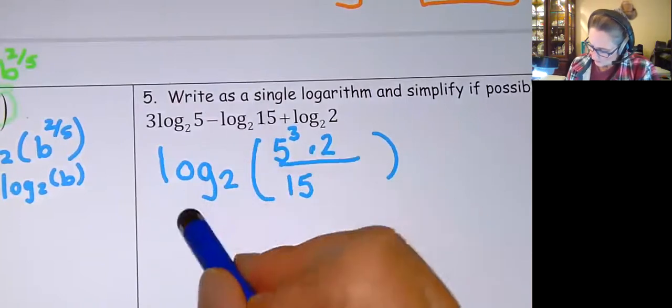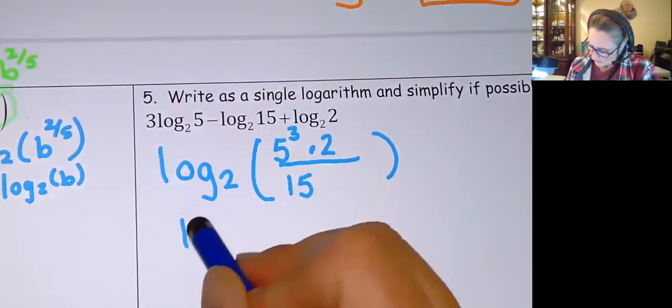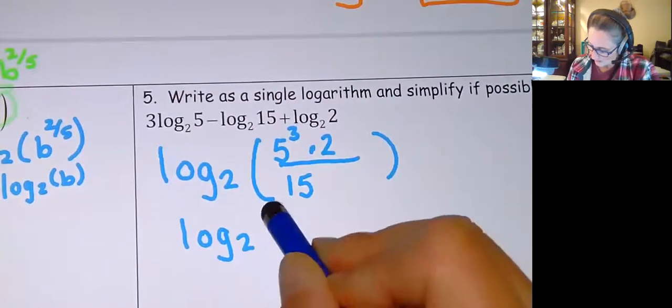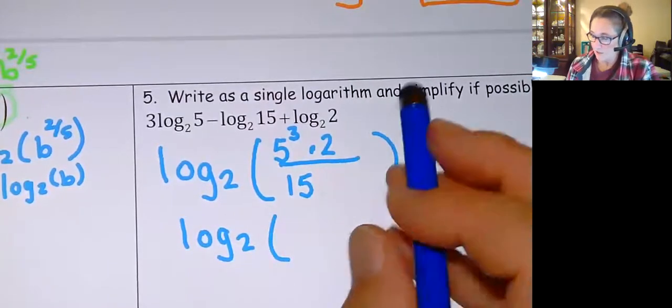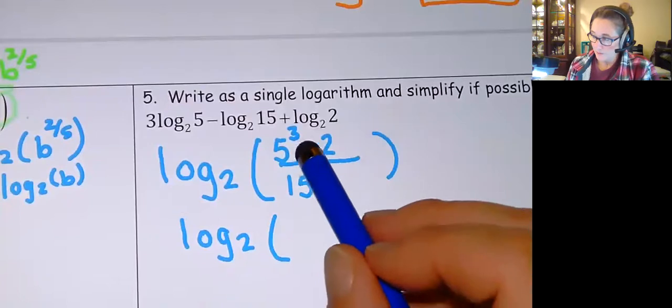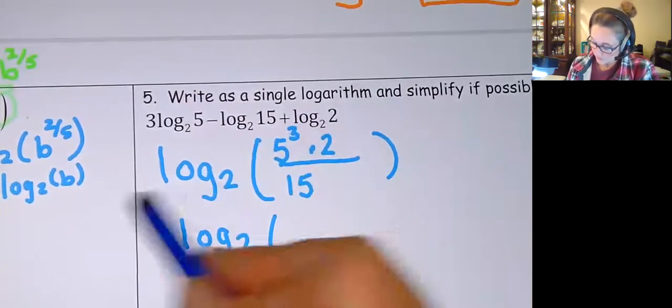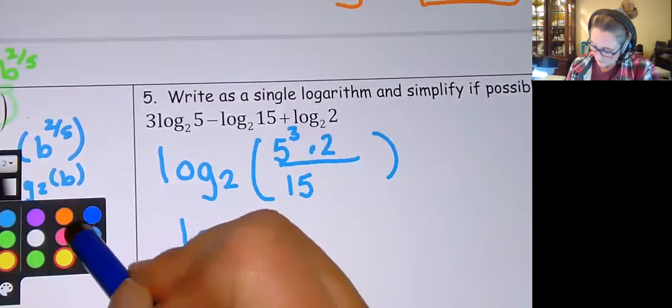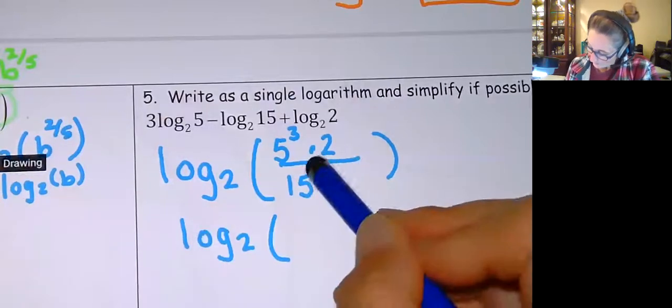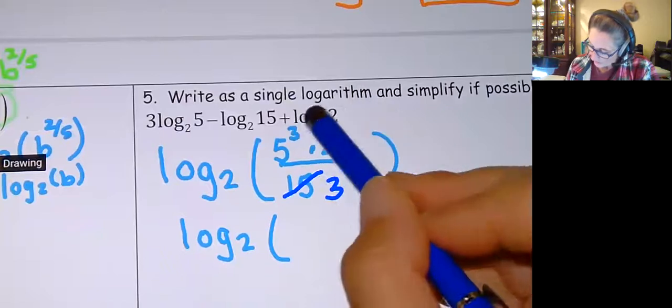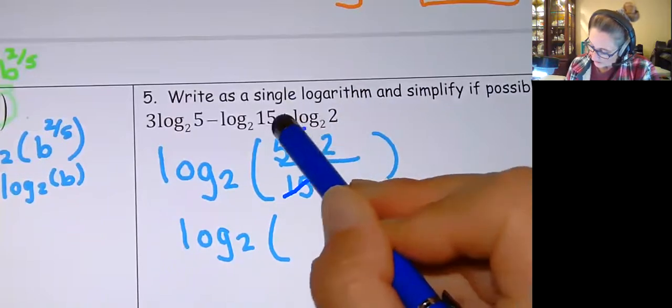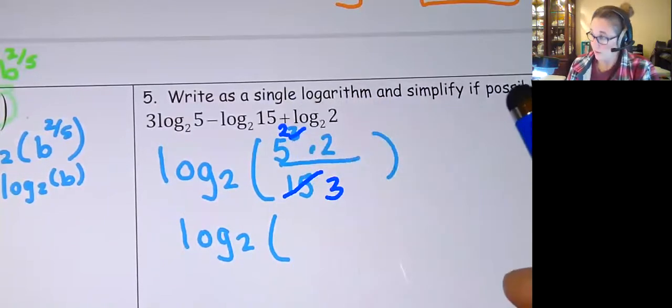And so now let's see what I get here. I am going to get log base 2 of, now I'm going to simplify this a little because this is 3/5, so that means that I can take a 5 from here, and now I have a 3. Take a 5 from here, and now it's a 5 squared.